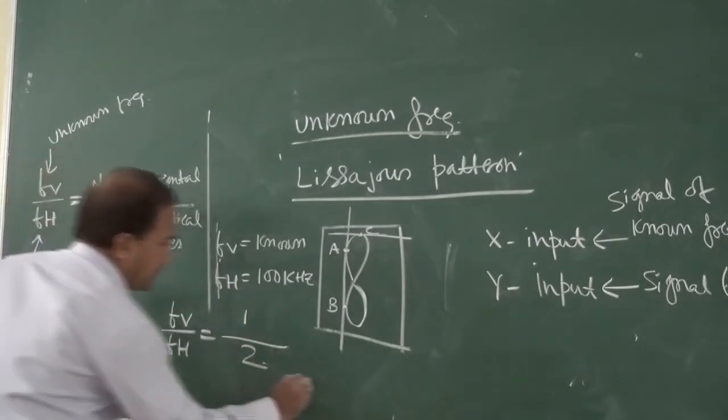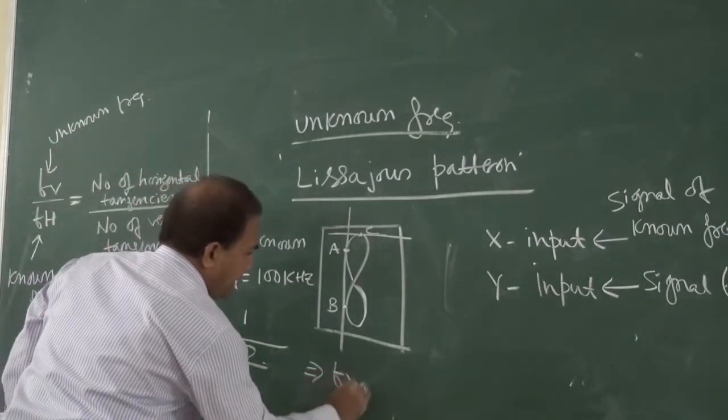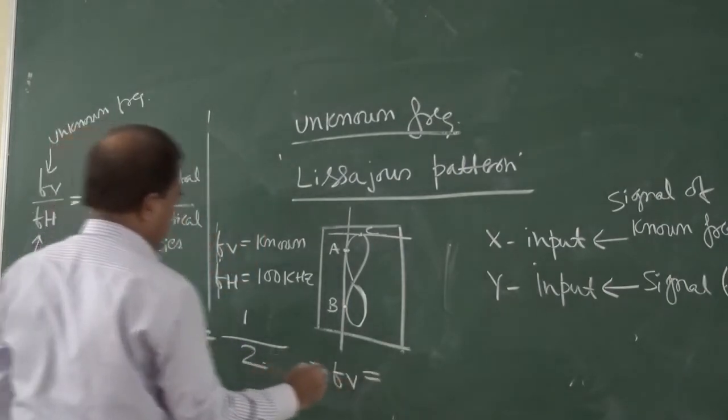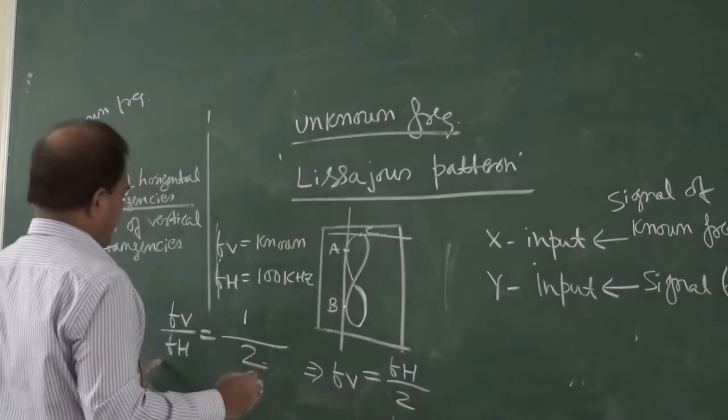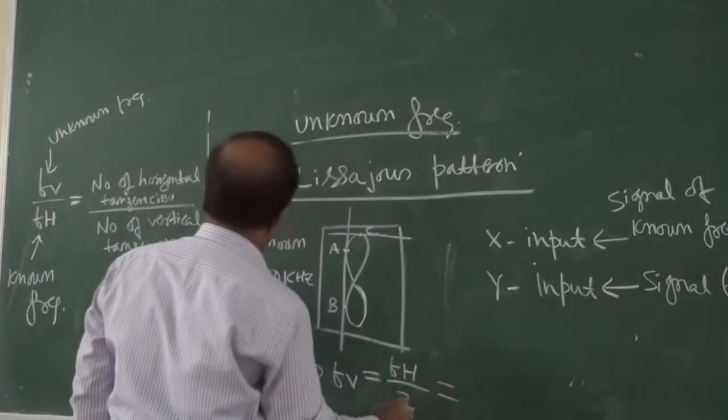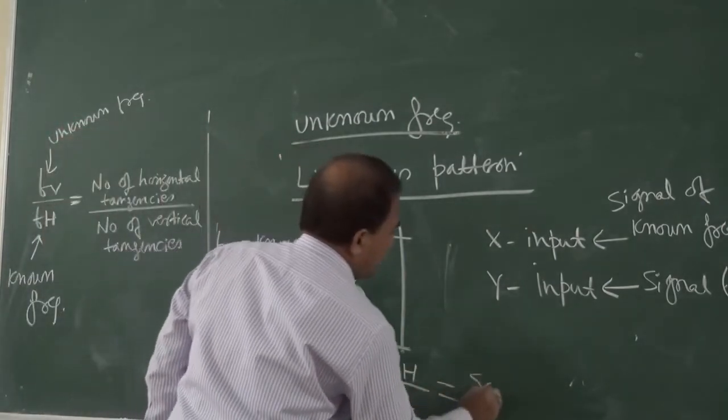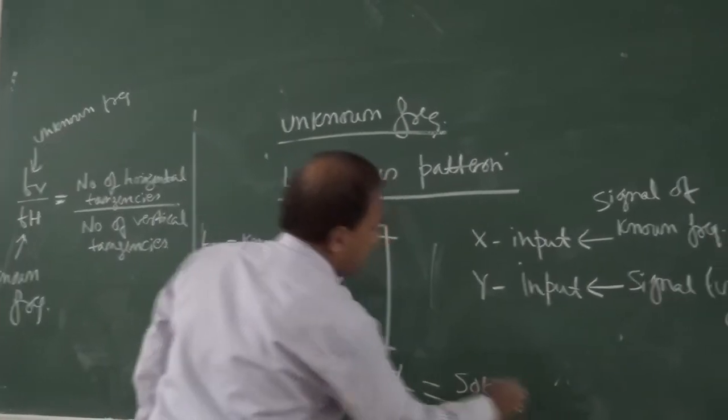So the unknown frequency FV is equal to FH by 2, which is 50 kilohertz.